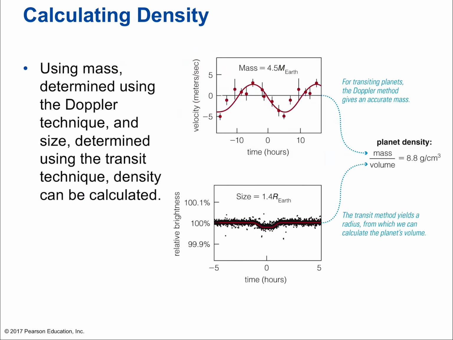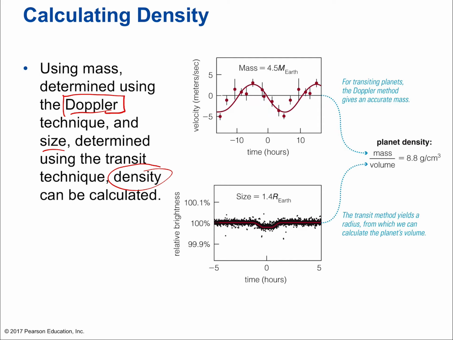So transit data can be incredibly valuable for finding multiple planets. We can then use the mass determined using the Doppler technique and the size from the transit technique to calculate density. So stop and appreciate that. The Doppler technique defines the mass because it is well suited to Kepler's third law, often referred to as Newton's synthesis of Kepler's third law.